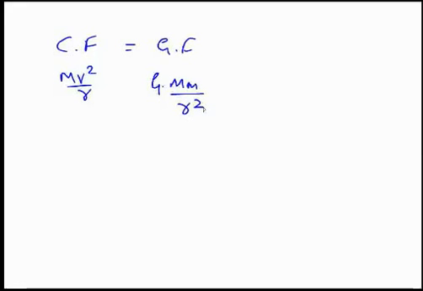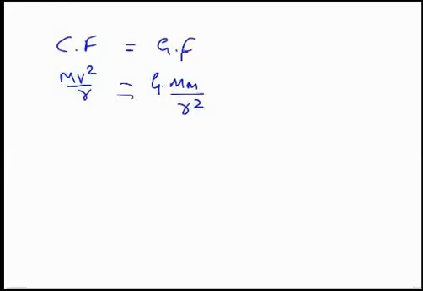Both are the same. Centripetal force is something which pulls the object towards the center, and gravitational force is also the same thing, in which case the earth pulls us towards the center. If we apply the same thing over here, then we can derive the third law of Kepler again.